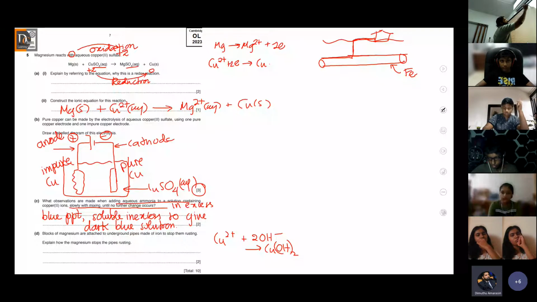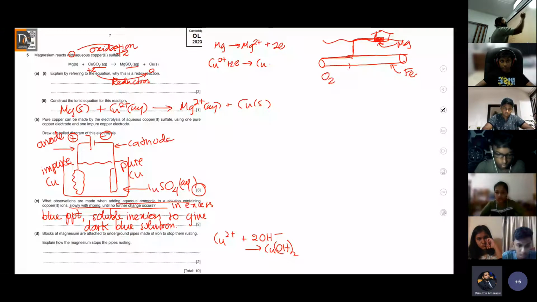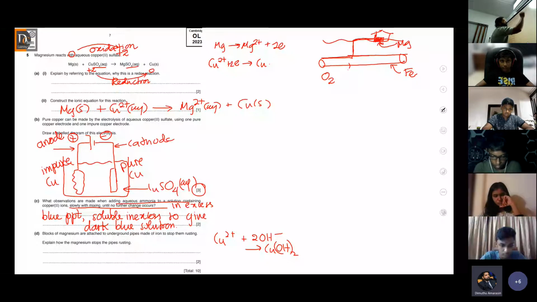There are no such things in this country, but okay. So by fixing magnesium to iron. Why? When iron is going to react with oxygen by supplying electrons, magnesium says, how dare you react with oxygen when I am there.